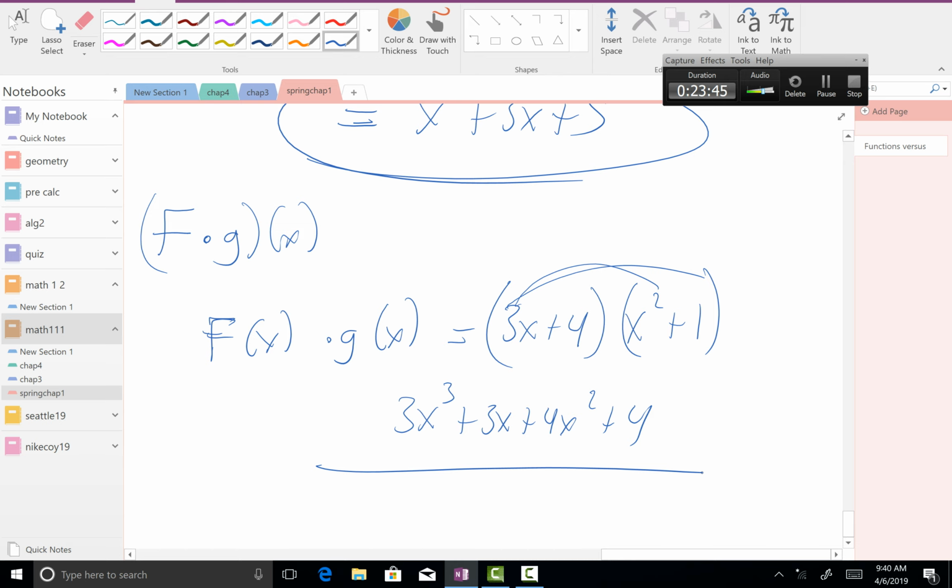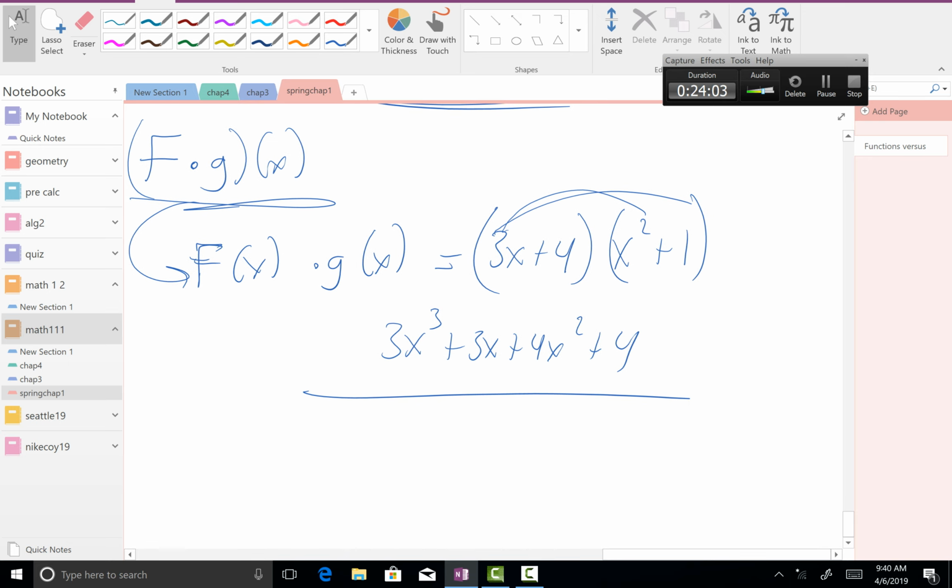So if they have it where it looks like this, this is what they mean. Then we just FOIL or add or subtract or whatever they want you to do. And they're asking for the domain, but that's not any different than anything we've done before, so it's pretty straight up.